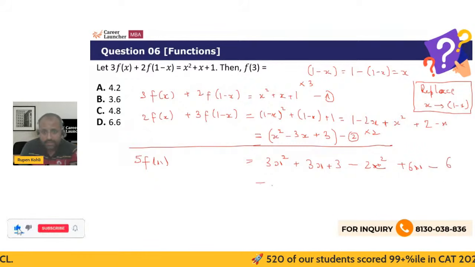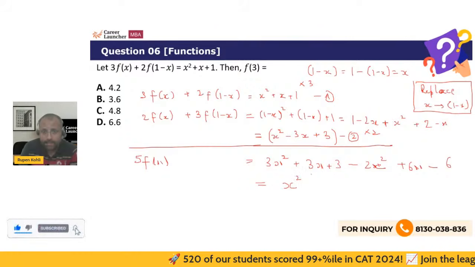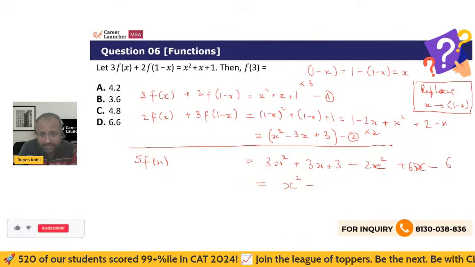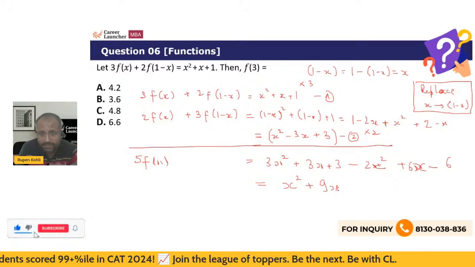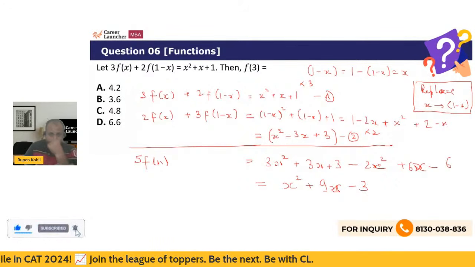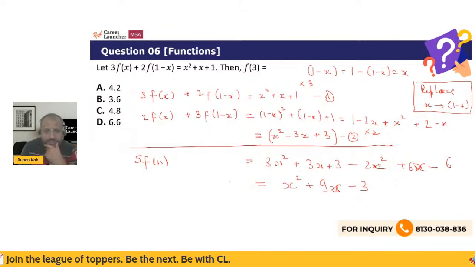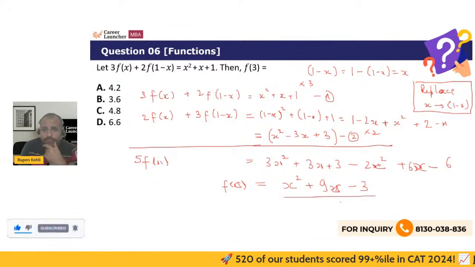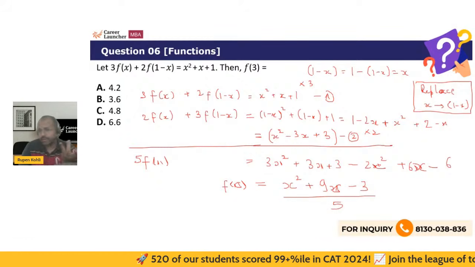That is x squared plus 3x plus 6x, 9x, plus 3 minus 6, which is minus 3. Done. So this is 5 times f(x). Therefore f(x) is this upon 5. Put x equal to 3, you have your answer, right?